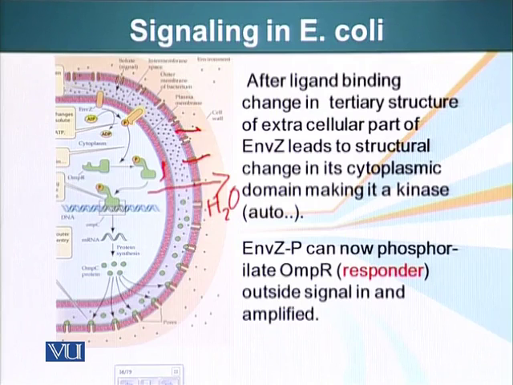So let's see what happens. Once the solute concentration increases in the intermembranous space, there is a receptor present in the inner membrane of this bacteria. This receptor is called EnvZ. I'll point it out here, right here.